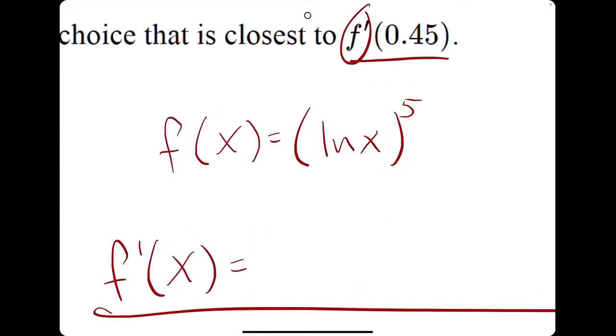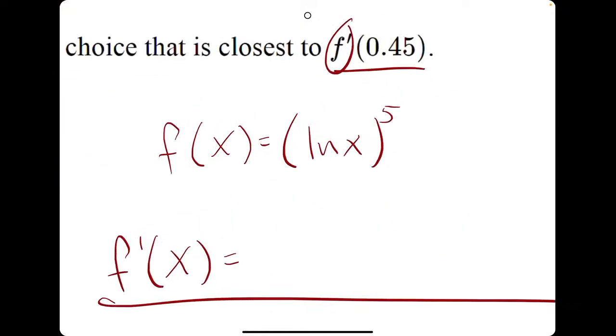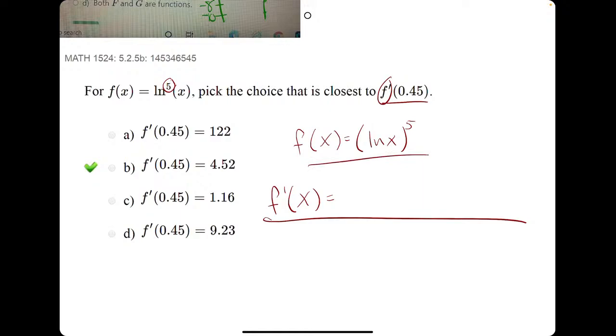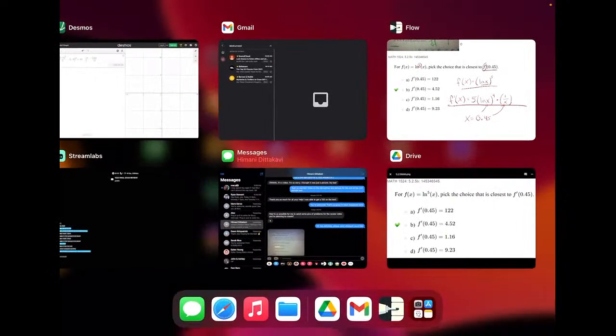All right, so here we rewrite it like this, and then we can take the derivative by bringing the outside 5 to the front, leaving the inside the same, and then multiplying by 1 over x, which is the derivative of the inside. Then it's just a matter of plugging in x equals 0.45.